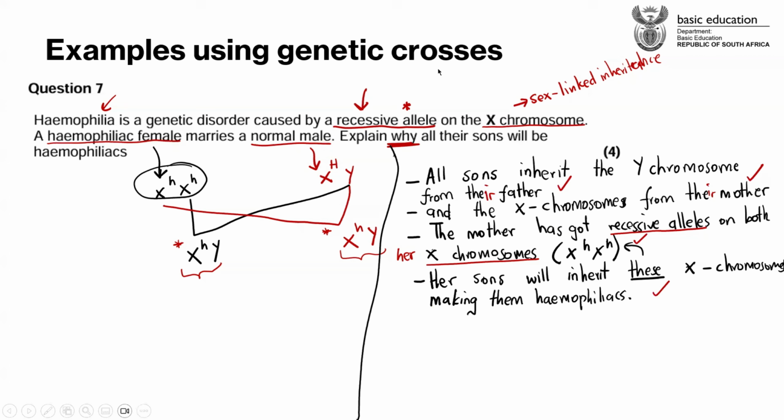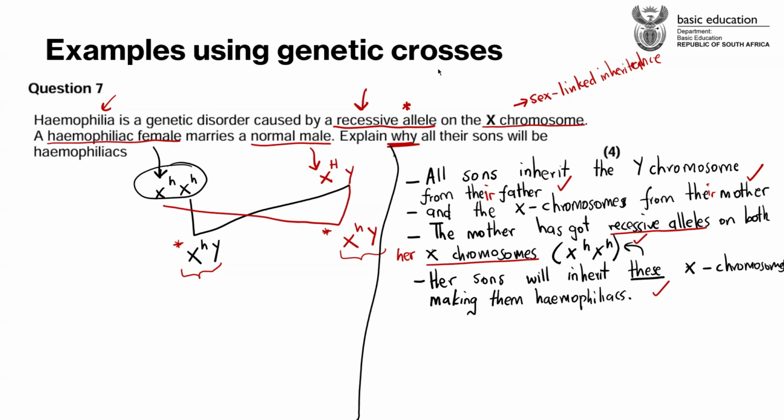And Bonolo answered it in this way. He said that the condition is caused by a recessive allele on the X chromosome. Yes, we have been told that. Males need one recessive X chromosome. The mother has both recessive X chromosomes. Okay, you don't have to say that males need one recessive chromosome, Bonolo.